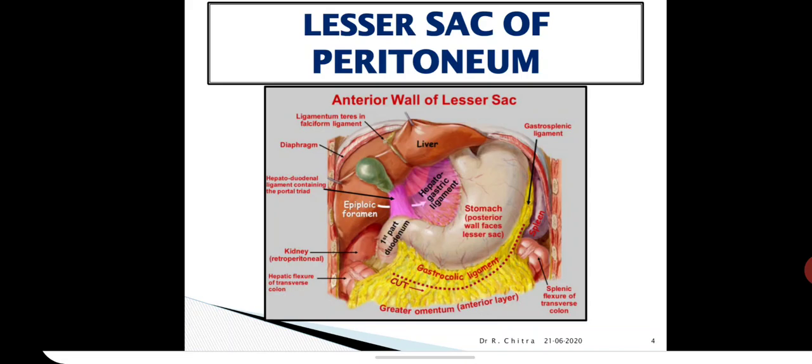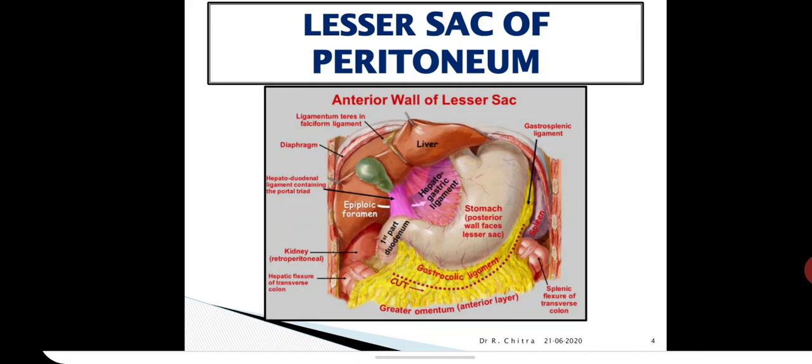You see carefully this image. This depicts clearly the anterior wall of the lesser sac from above downwards. From above downwards, that is the liver, peritoneum covering the caudate lobe and caudate process of the liver. So that is the first part of the anterior wall.